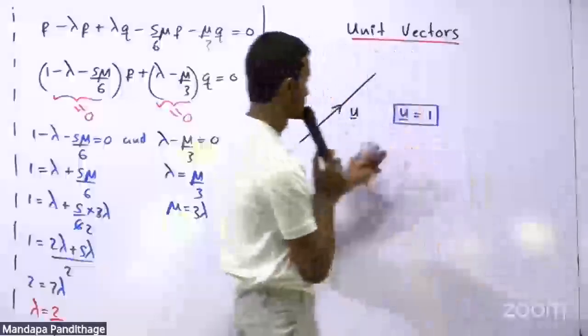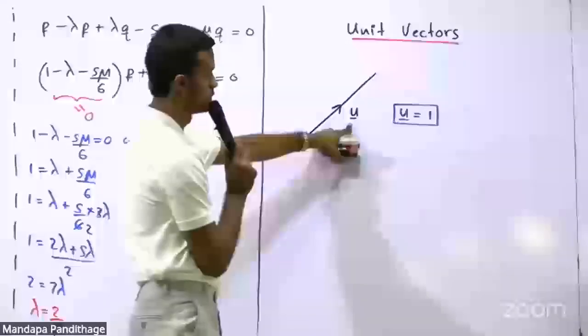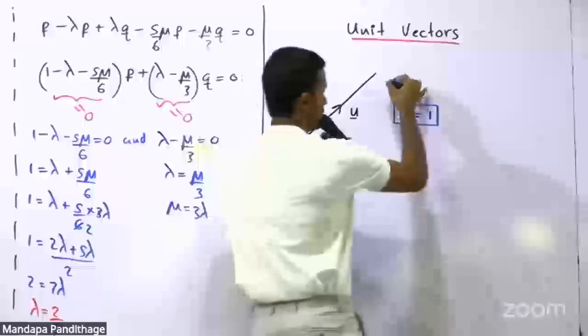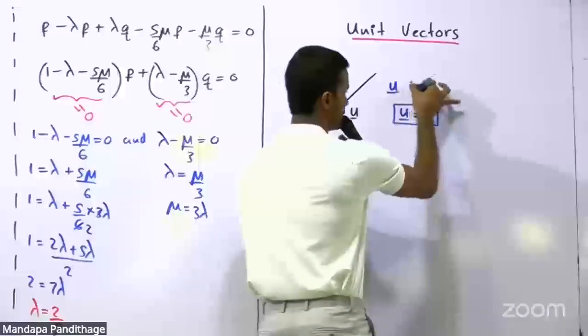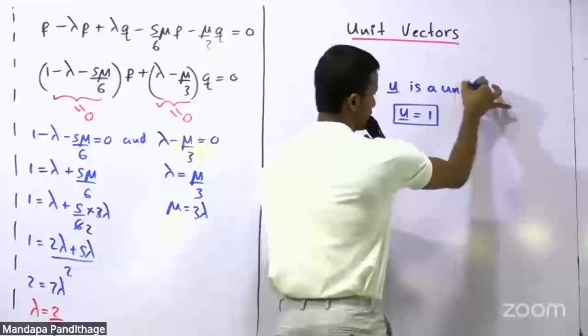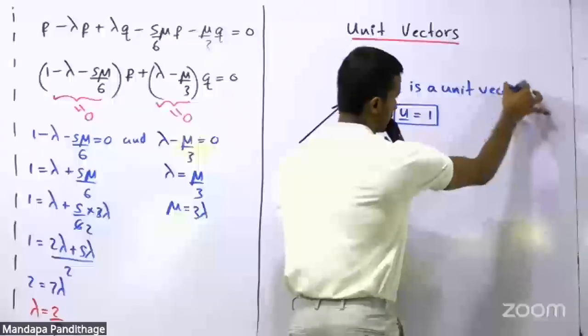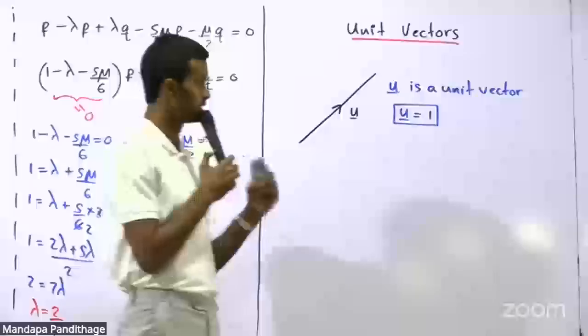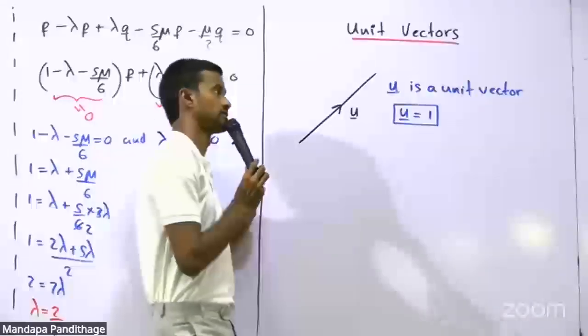Okay, then just draw this and write, u is a unit vector.